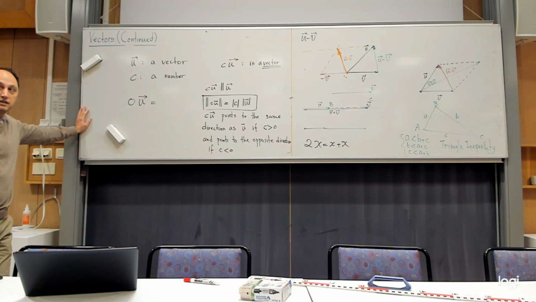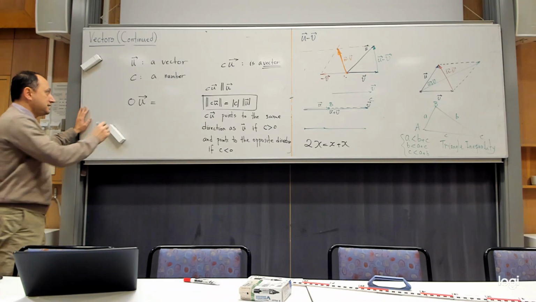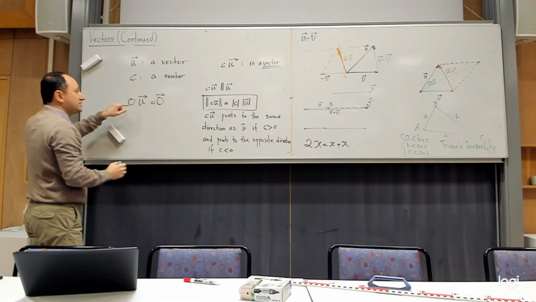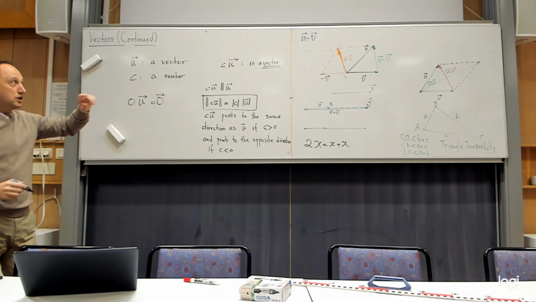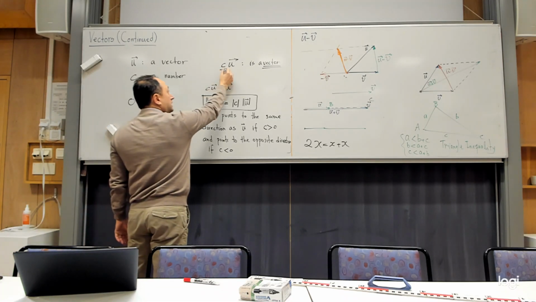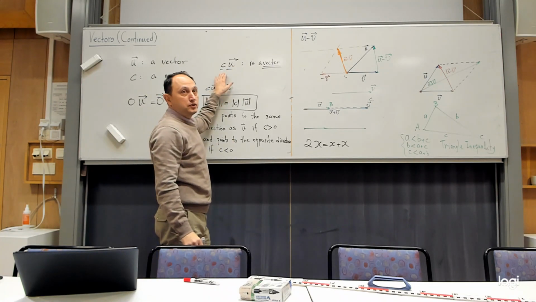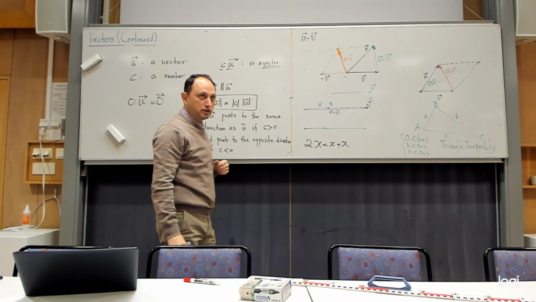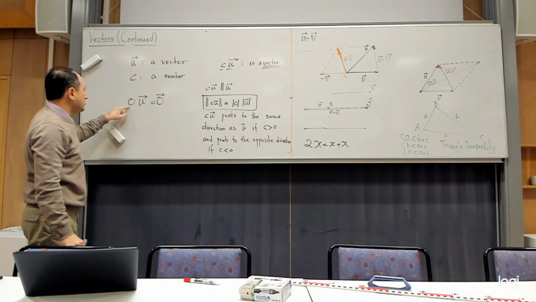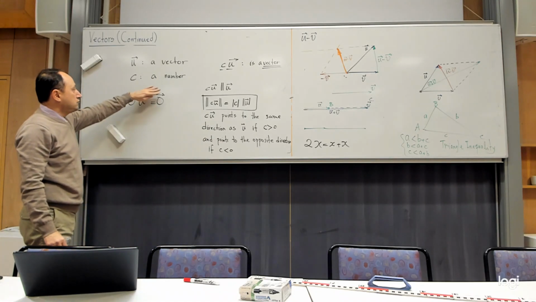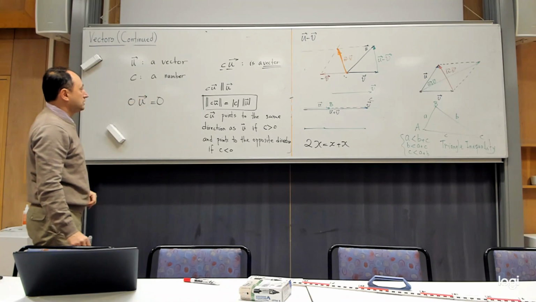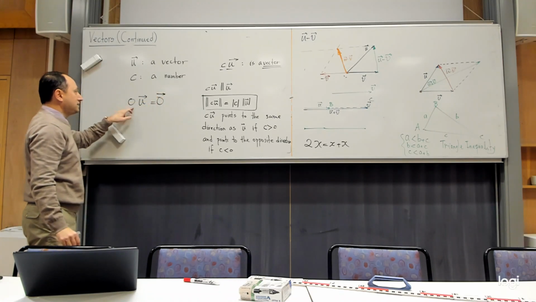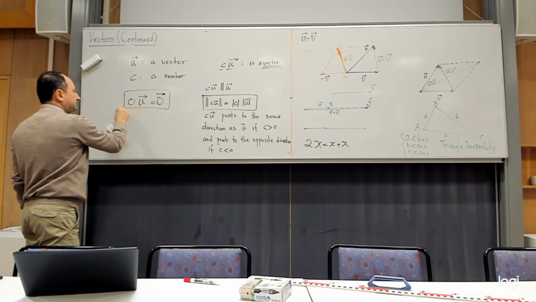It's the 0 vector. The 0 vector. It's extremely important to not write 0 in front. That would be wrong. Because I told you that multiplying a number by a vector is supposed to produce a vector by definition. So if you ask me what is 0 times vector u, if you just write 0, this is wrong. You have to write the vector 0. That is also part of the definition.